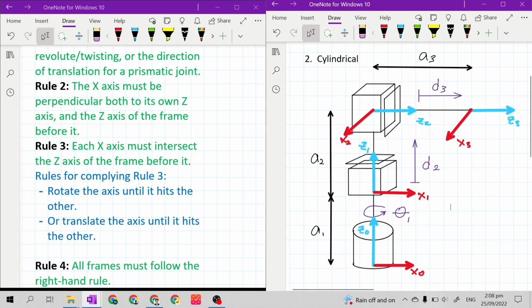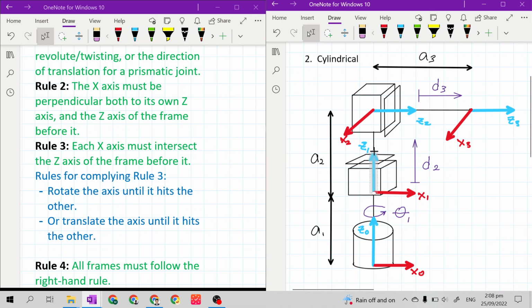Okay? The only x-axis and z-axis you will extend are those needed for rule 3. The axes needed for rule 3 in frame 1 are x sub 1 and z sub 0. So please remember that.